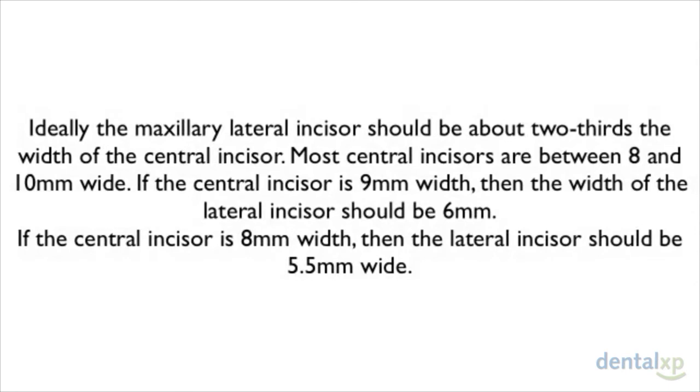Ideally, the maxillary lateral incisor should be about 2/3 the width of the central incisor. Most central incisors are between 8 and 10 millimeters wide. So if the central incisor, for example, has 9 millimeters in width, then the width of the lateral incisor should be 6 millimeters. If the central incisor, on the other hand, has 8 millimeters in width, then the lateral incisor should be 5.5 millimeters in width.